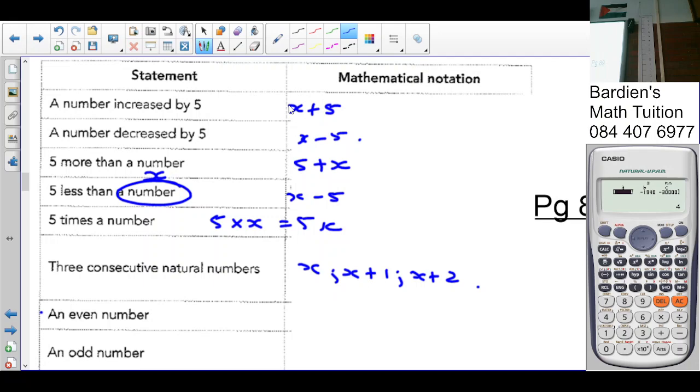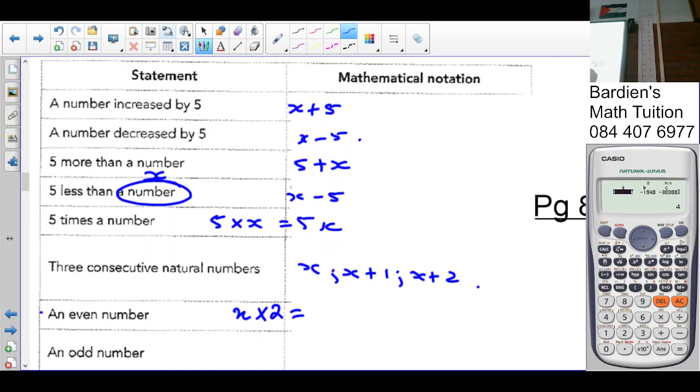Okay, so give me examples of even numbers. 2, 4, 6, 8, and so on. So each number is a multiple of, or has a factor of 2. So whatever x is, x could be odd or even, but I need to multiply it by 2. Why?